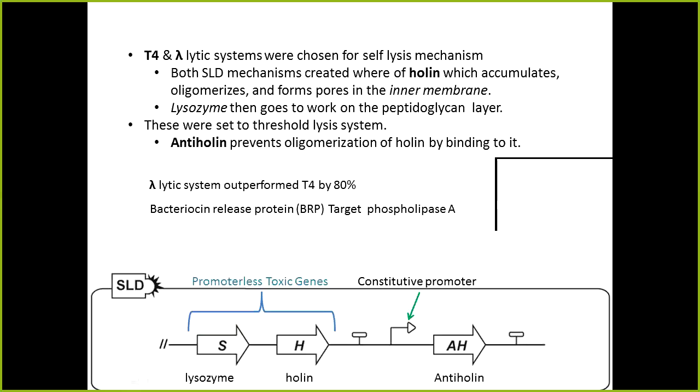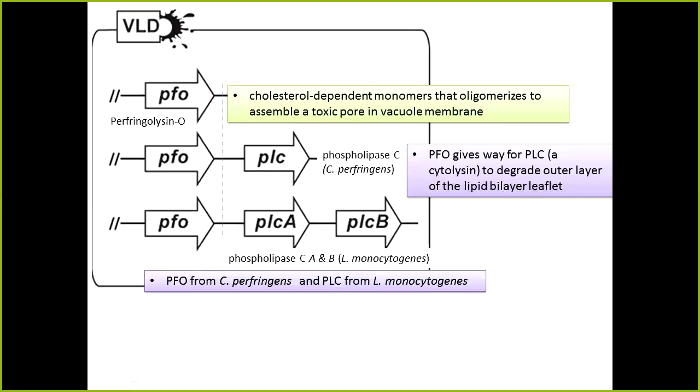I think it's the bacteriocin release protein that permeabilizes the outer membrane by activating phospholipase A. That's interesting.